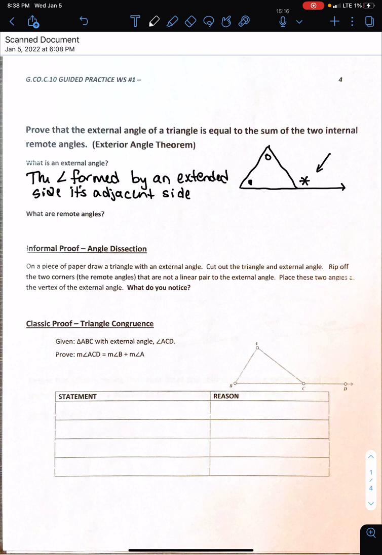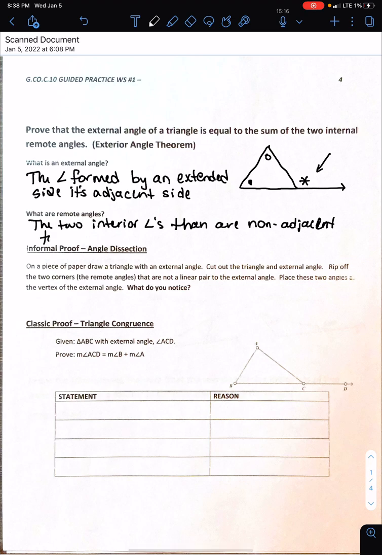And then the other two angles are the remote interior angles. So they're the two interior angles that are non-adjacent to the external angle. Okay, so we're saying that those two angles, when added, are the same as the external angle.